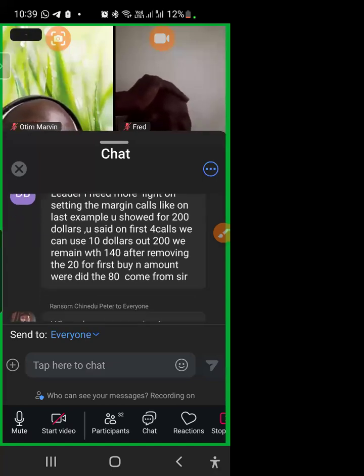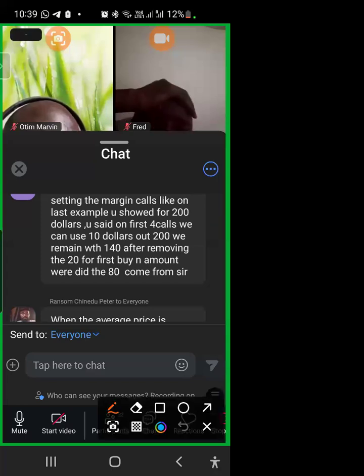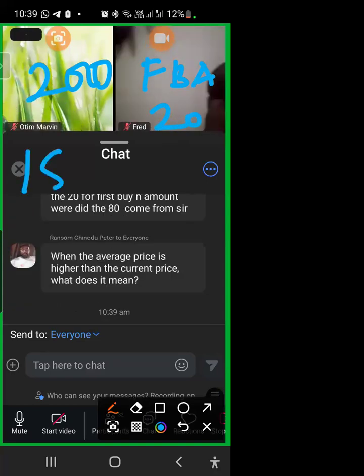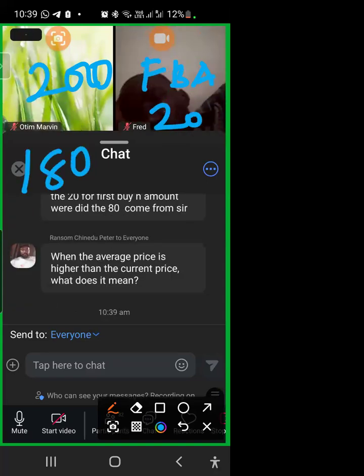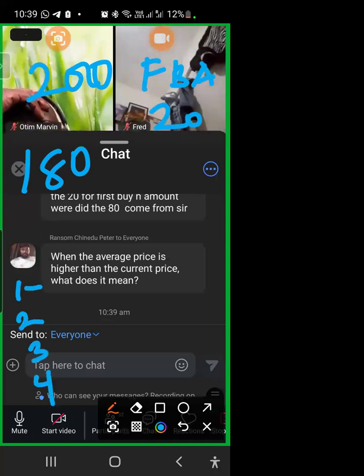Where did the 80 come from? Okay. You have 200 capital. The first buying amount is 20. You remain with 180. First call, second call, third call, fourth call.